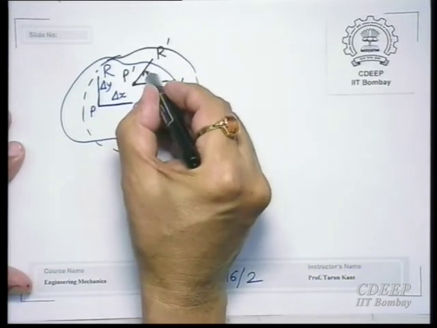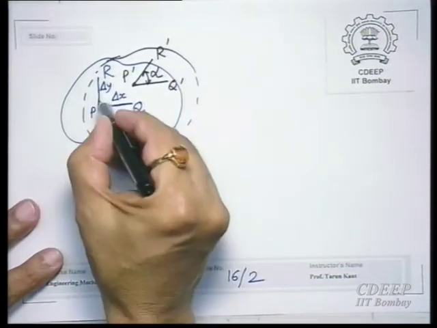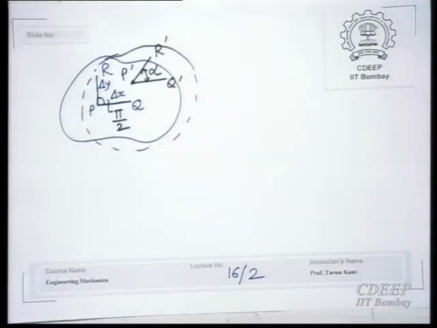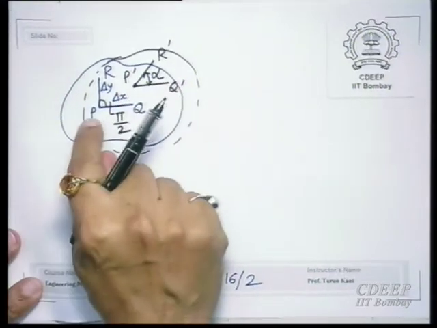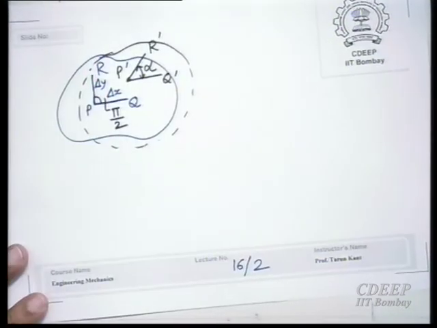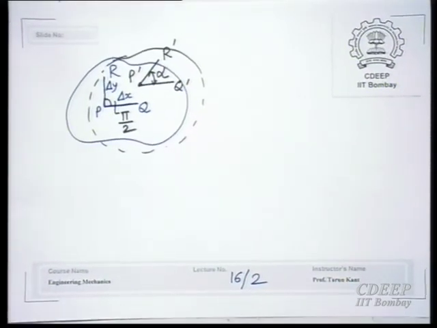Call this angle alpha, the included angle. Here this angle is 90. P dash Q dash is not parallel to PQ. It so happens that I have drawn it inclined. So it has changed. So this kind of deformation also takes place. That means the angle between two lines which were at right angle also changes. Not only does the length of any line change, that is the longitudinal or normal strain, we have this kind of change as well.